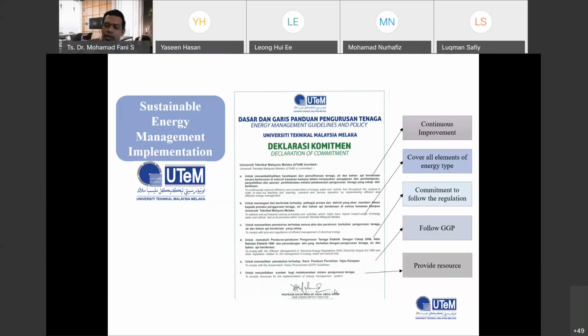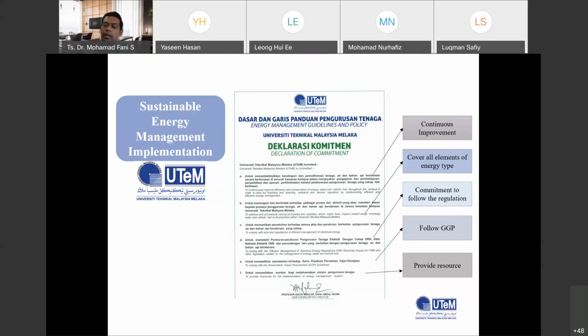And the last one is to provide resources. Of course, in energy management we have a lot to do, and we need to prepare our resources, for example, to manage the energy, to manage the EAC, and to manage at every level that we have. We need technical people, people who understand what is going on under the sustainable energy management, so that the implementation of sustainability practice will be long-lasting and robust.